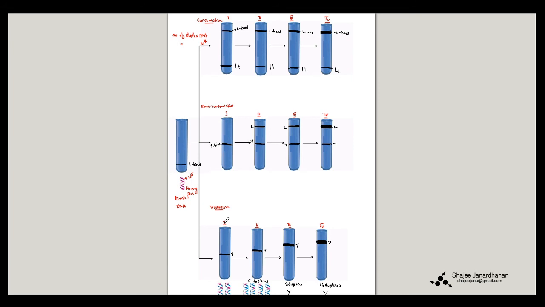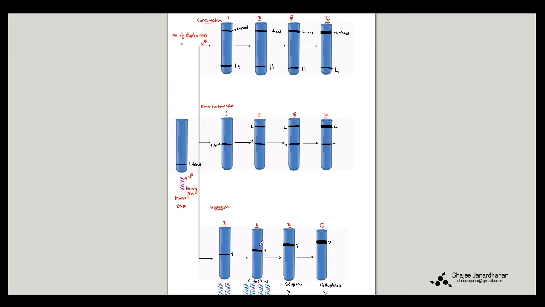So we can state that in the first generation, the model you can discard is the conservative mode of replication, because you are never going to get two bands for the first generation in the actual experiment, because all DNA replications are semi-conservative.